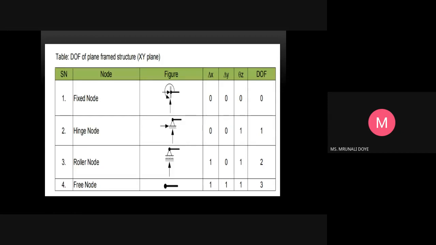But when we analyze the beam, in the first slide I told you that we have to analyze the beam without axial deformation. Means delta x will not be considered, or we have to take it as 0, although displacement is possible due to the roller support. But in case of a beam, we have to neglect that deformation, so delta x will be 0.